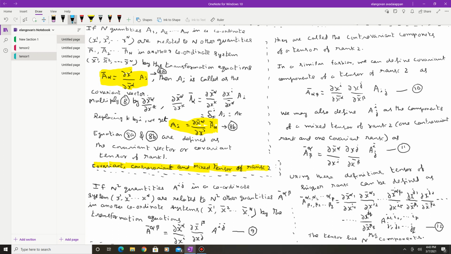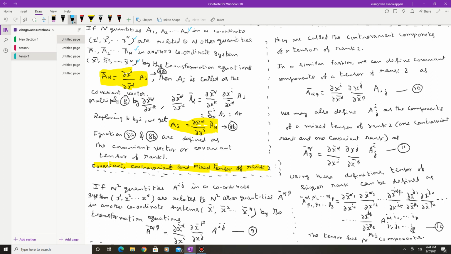Similarly, we can choose another coordinate system, x1 bar, x2 bar, up to xn bar. This is a barred system, and that is an unbarred system. And a1 bar, a2 bar, up to an bar represent some n quantities in the barred system.